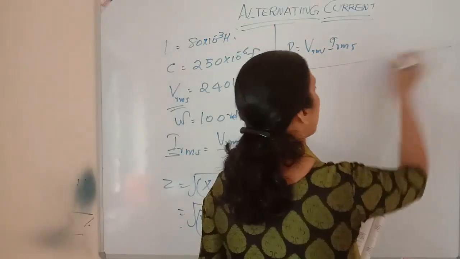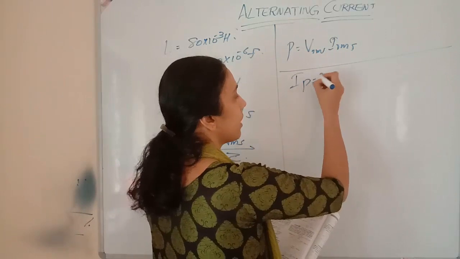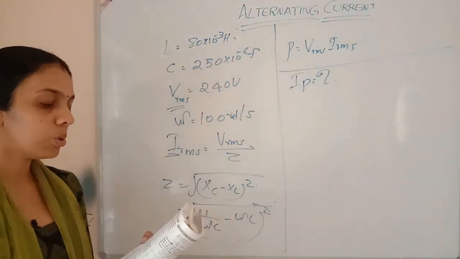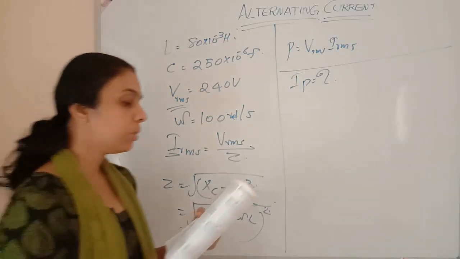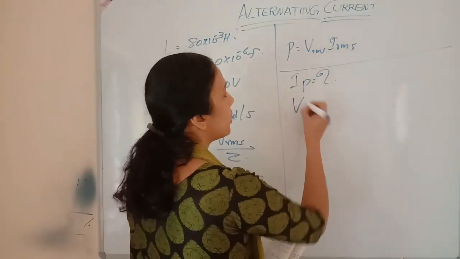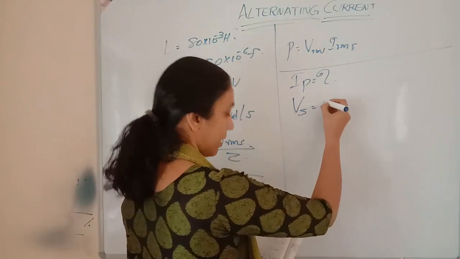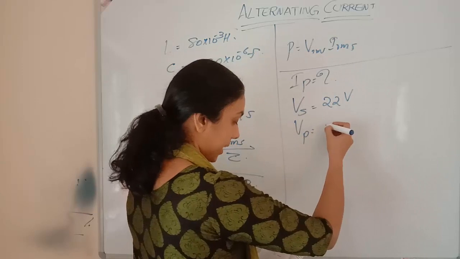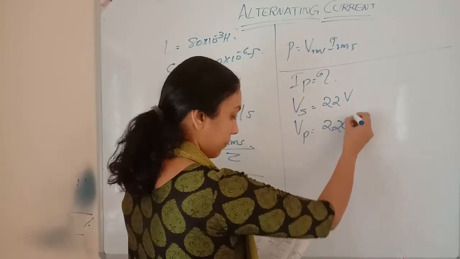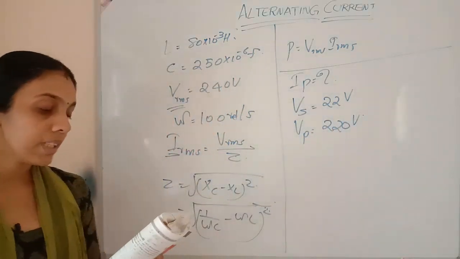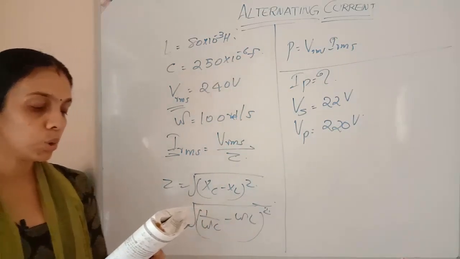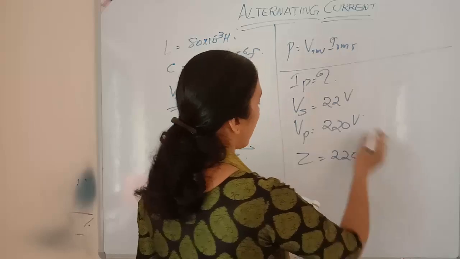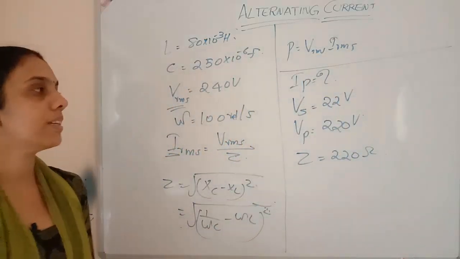So we need to find out the IP value. The voltage in the secondary coil is 22 volt, and the voltage in the primary coil is 220 volt. The device has an impedance of Z equals 220 ohm.